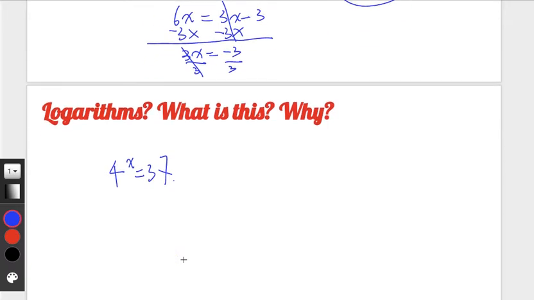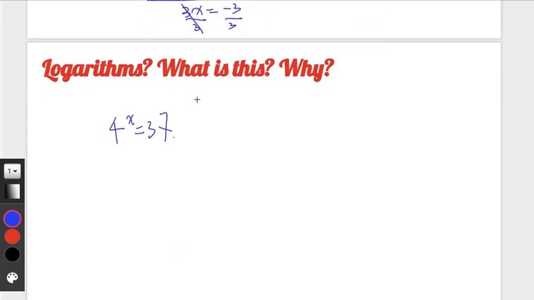But when you see a number like 37, there's no way you can set a bridge to say, I can change the 4 to some base, I can change 37. There's just no such number for you to do mental math like that. Then for this equation, does that mean we have no solution or is there any other way? So that will be the first question.